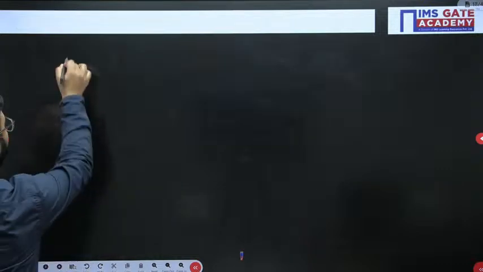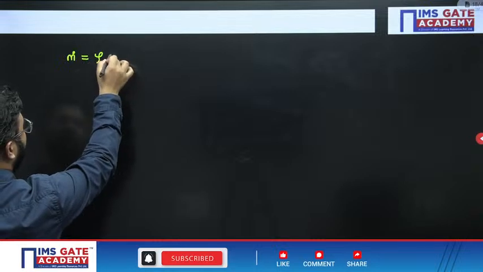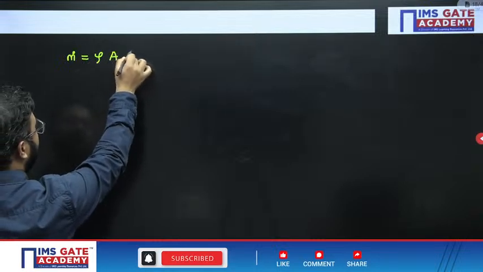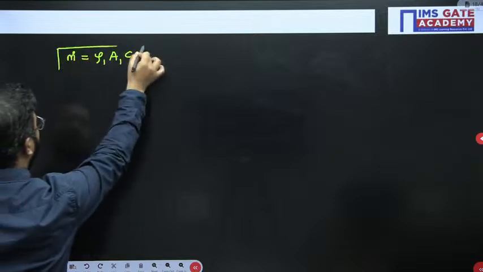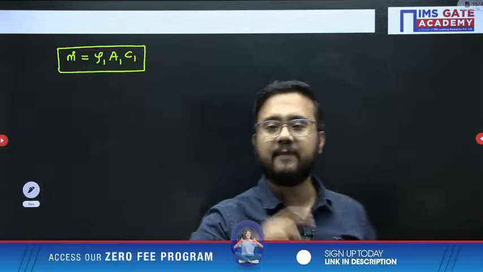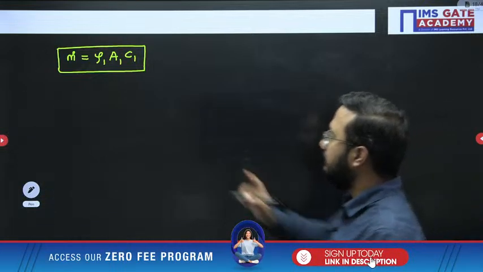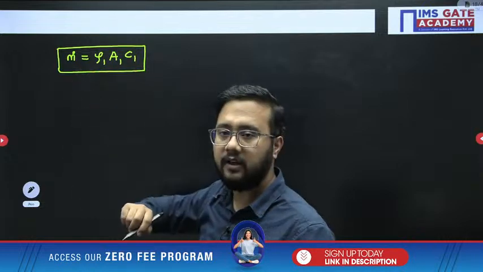See, mass flow rate equals what? Density into volume flow rate. Volume flow rate is nothing but area into velocity. Yes, absolutely, mass flow rate, Aditya, correct. But to calculate the answer of C1, we need to know the ρ1 value.